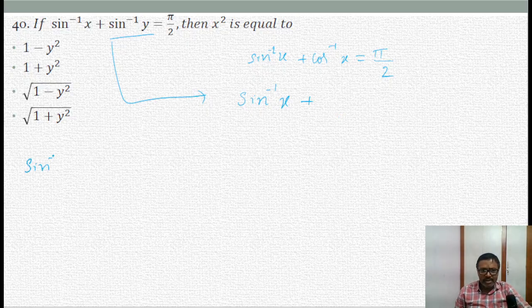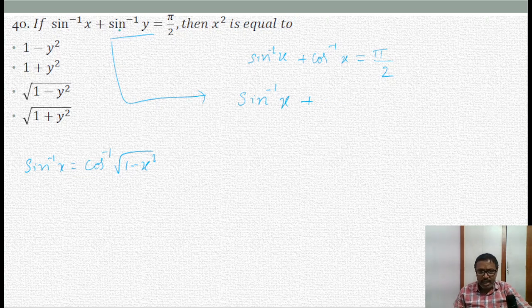Sine inverse x is equal to cos inverse of root of 1 minus x square. Either using a right angle triangle, you can do it by using the sides ratio, or otherwise, using conversion from one trigonometric function to another, we can directly write sine inverse x as cos inverse of root of 1 minus x square.